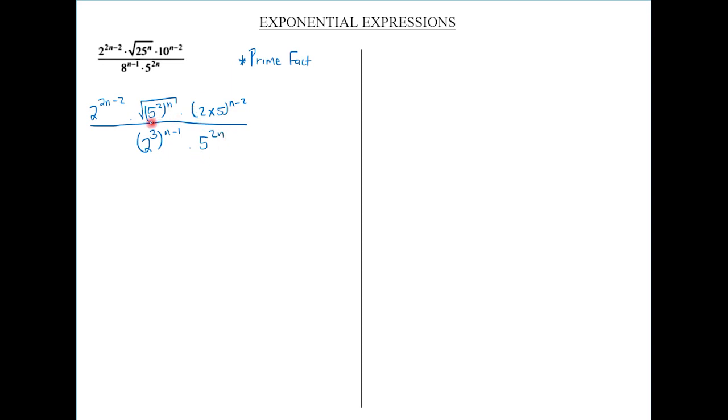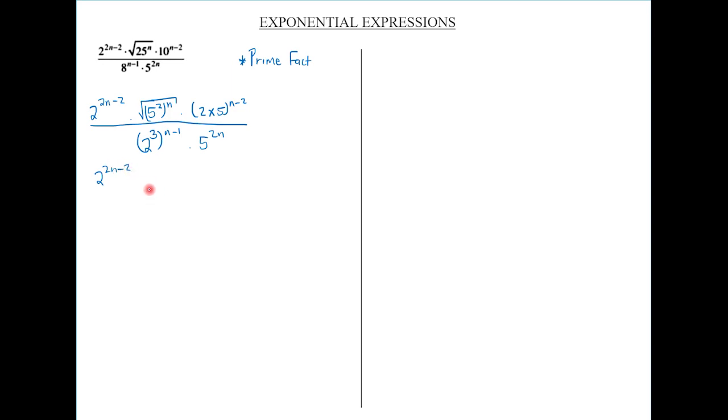Now this is very important, because once you have prime factorized, you notice that all the products here have a base of 5 and a base of 2, which means you can now apply the laws of exponents. Now let's simplify this.